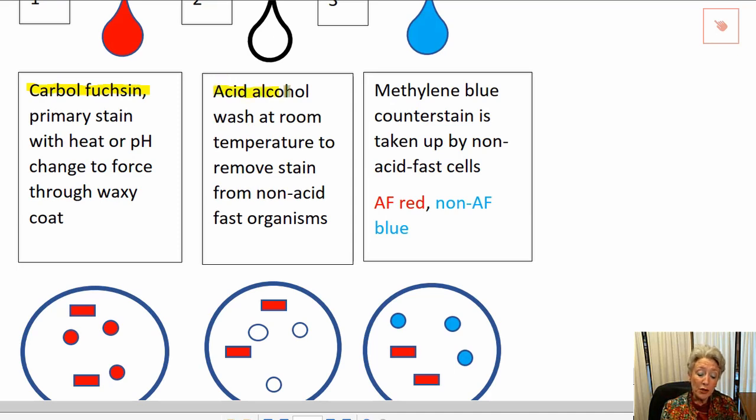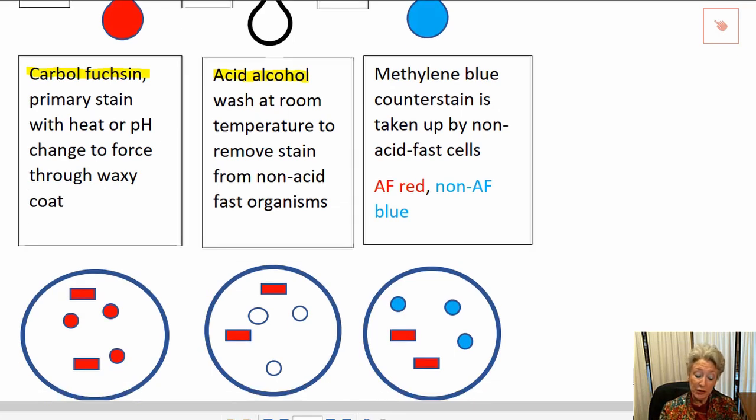So when I wash with acid alcohol, my waxy coat has reformed around the organisms who had it, and the dye will now be retained and impossible to get out. The wash will come out of the cells that don't have a waxy coat.